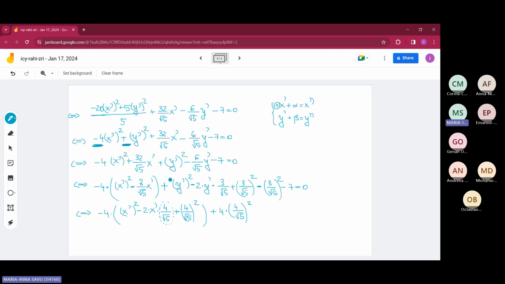Then I'm going to take these terms and write them in the square of x prime minus 4 over square root of 5, squared. Then we get 4 times x prime minus this one plus this one.